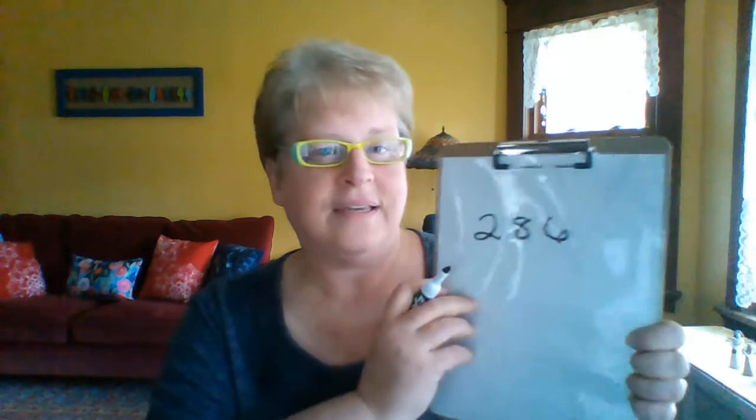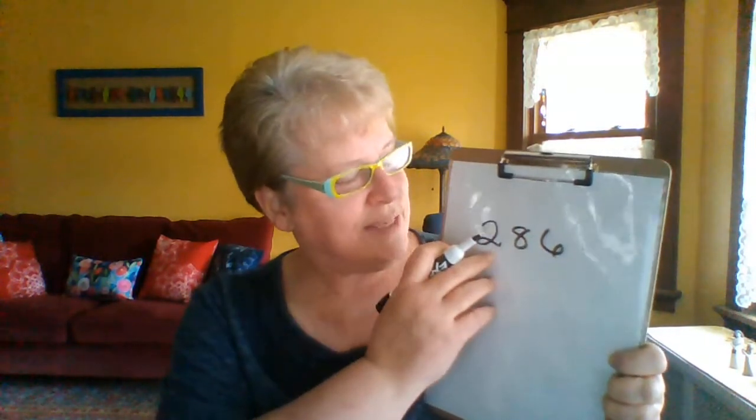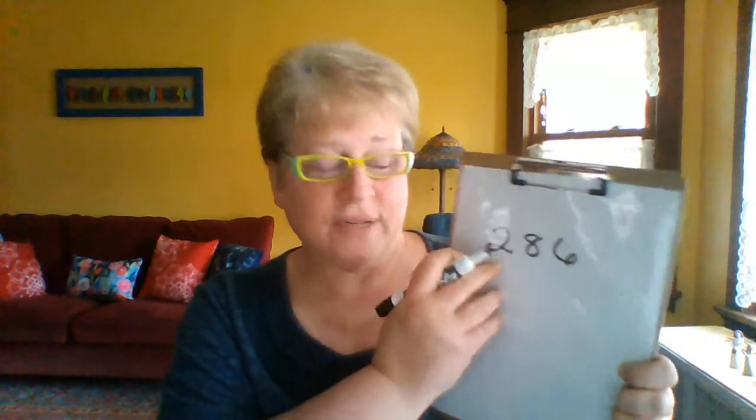Let's try another one. All right. If I wanted to write a number out in what we call standard notation, if I had 286, I'm going to write that out as I would when I'm saying it. So when I say it, I say 200.